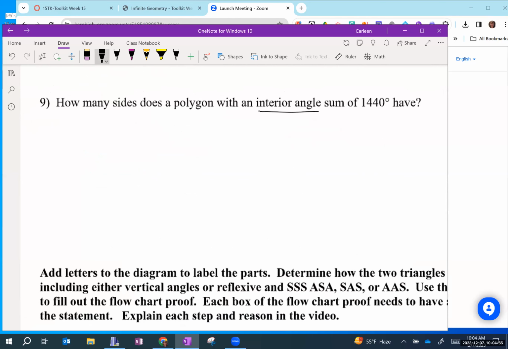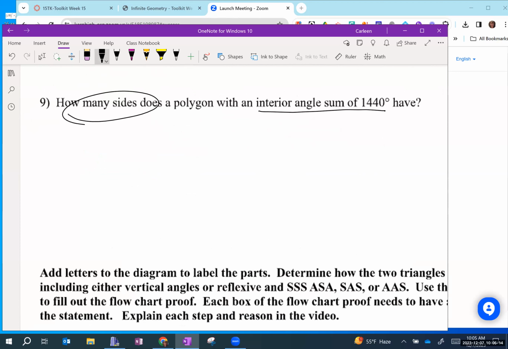Okay, the interior sum is 1440. How many sides? Now, what variable do we usually assign to how many sides? What letter? We're solving for what letter?